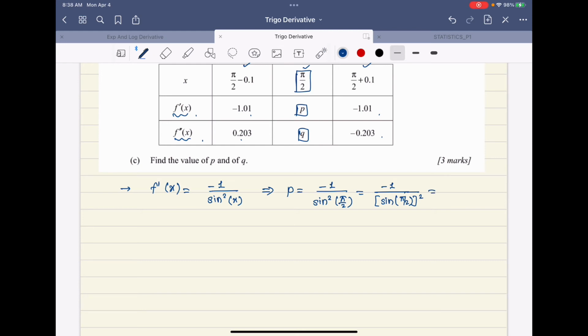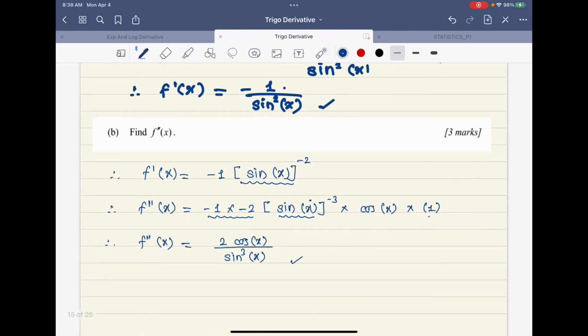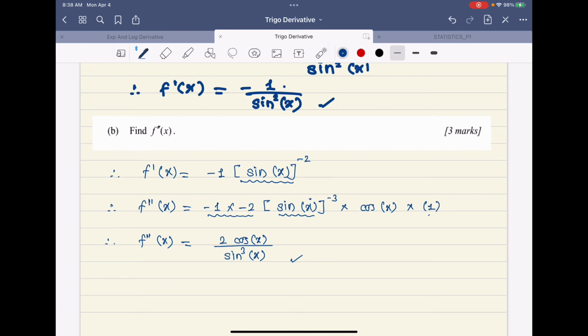Sine pi by 2 is 1. Negative 1 over 1 square is negative 1. So my p value is negative 1. And my double derivative, which we found, is 2 cos x over sine cube x.